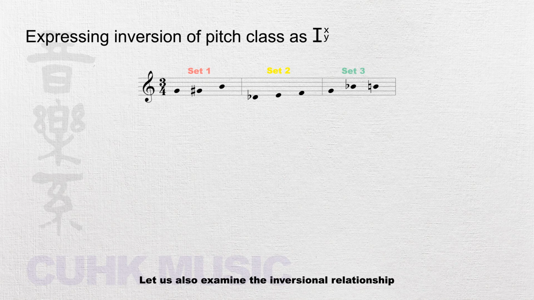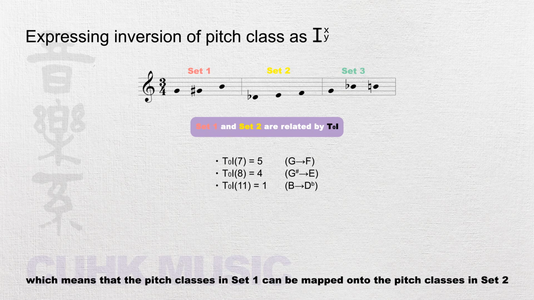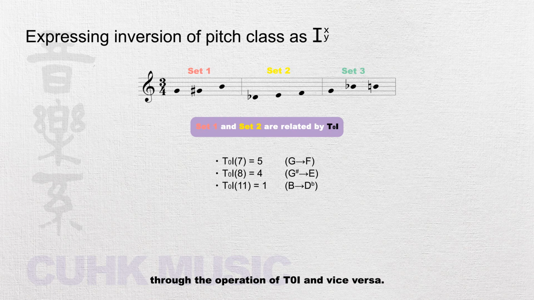Let us also examine the inversional relationship between set 1 and set 2 in Schoenberg's piano piece. We have proved that set 1 and set 2 are related by T0I, which means that the pitch classes in set 1 can be mapped onto the pitch classes in set 2 through the operation of T0I and vice versa.